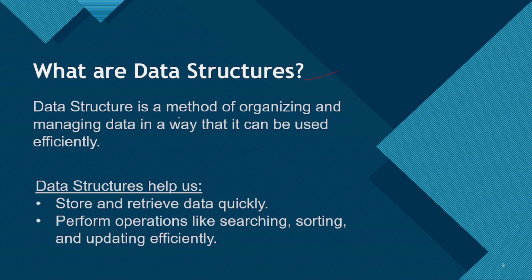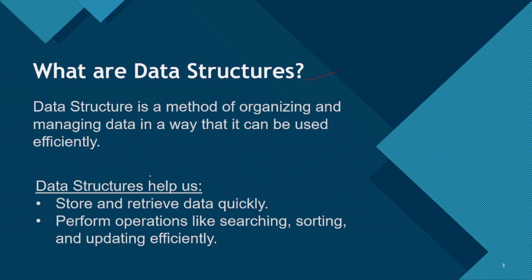A data structure is a method of organizing and managing data in a way that it can be used efficiently. Think of it like organizing files in a cabinet. If the files are scattered randomly, finding a specific one will take time. But if they are arranged alphabetically or by category, it is super easy to find what you need.